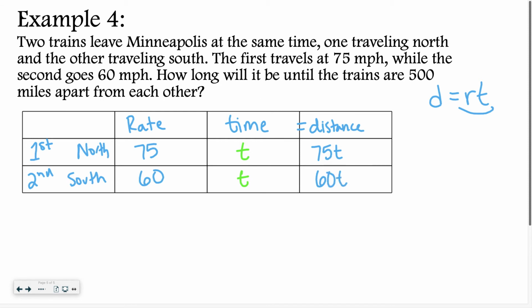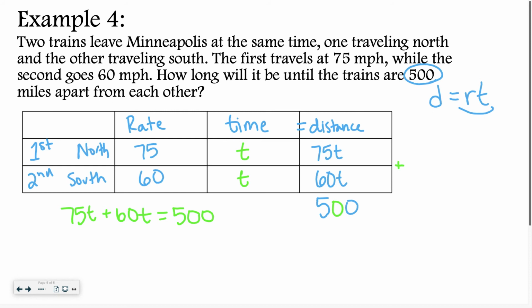Now the last thing we know, we haven't used anything with the 500 miles apart from each other. We know that these 2 items have to ultimately be set equal to 500 miles, right? So what I'm going to do is add the distances of the 2 trains, in order to figure out when their distances amount to 500.